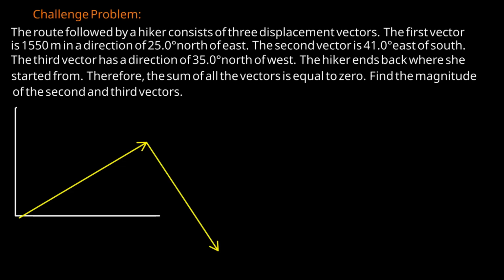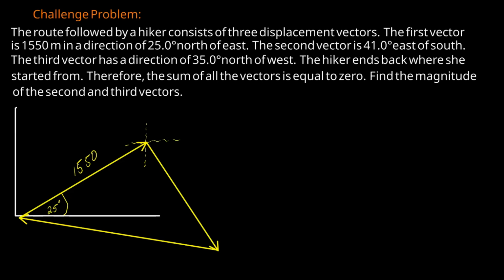And then the last one is back like that. All right, so let's label this. This is 1550. It's going to be 25 degrees here. All right, the next one, I'm going to draw an axis here at the intersection.